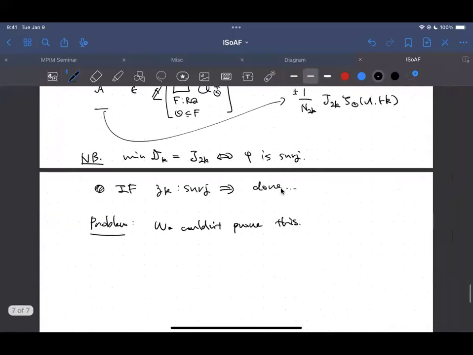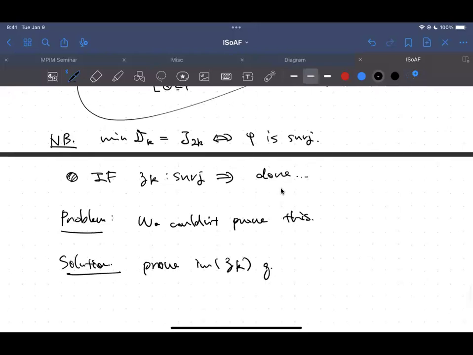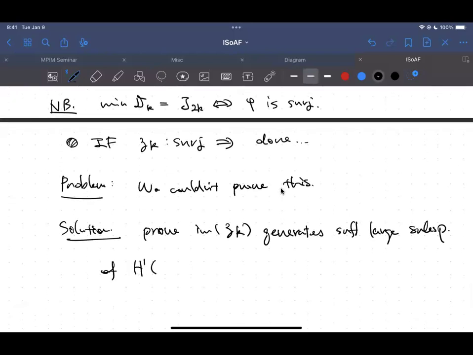So the solution is, instead of proving the surjectivity, prove that the image of this zk generates a sufficiently large subspace of this homology.